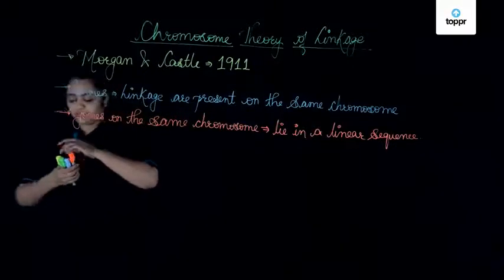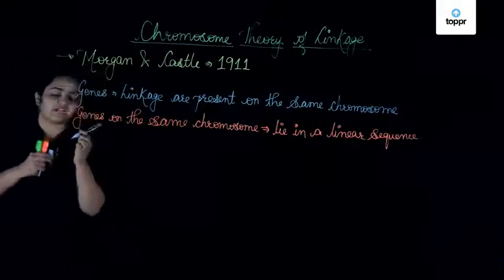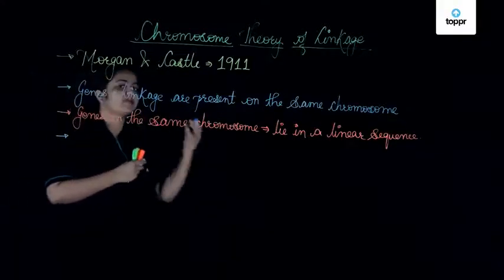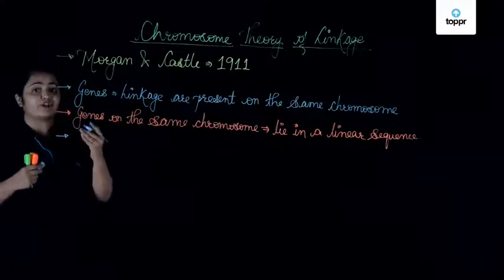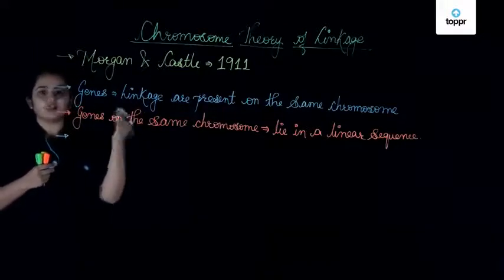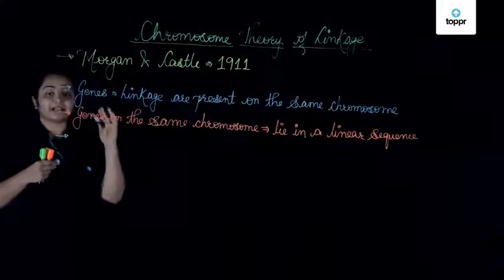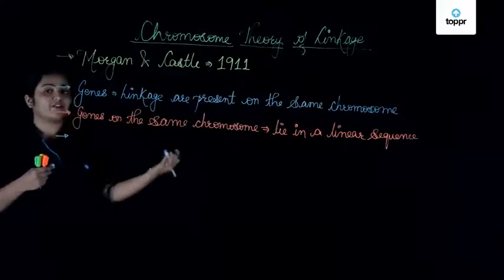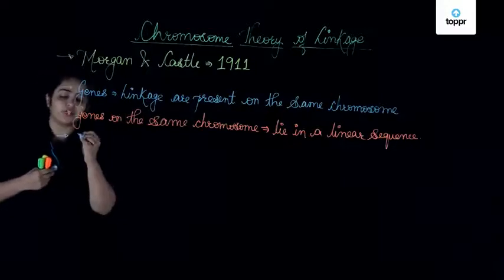After this, they also stated that these genes will always be present together except for occasional crossovers. We know that genes which are together are exhibiting linkage, but there is a possibility of exception. This exception happens only when you have the phenomenon of crossing over.